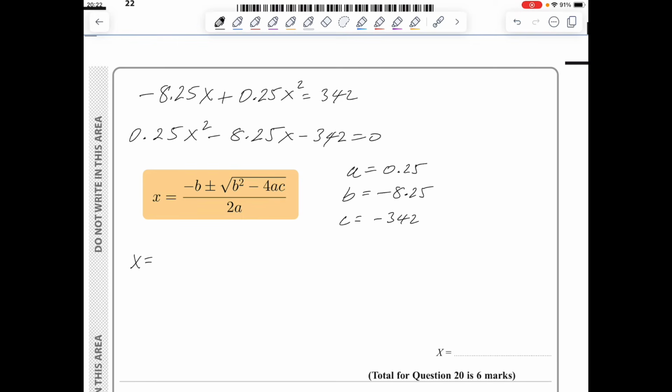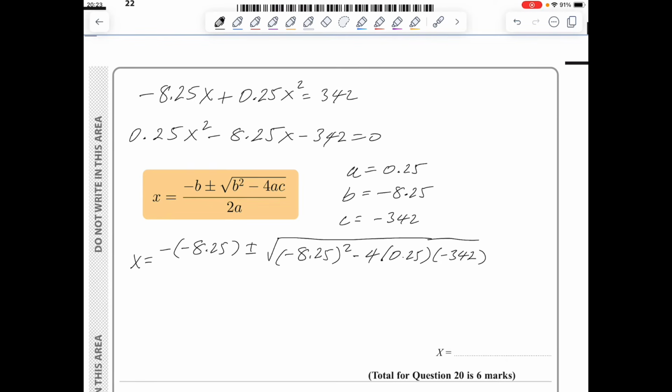So we get minus minus 8.25 plus or minus the square root of minus 8.25 squared. Be careful with the brackets. Minus 4 times A times C, and then all over 2A, so 2 times 0.25.